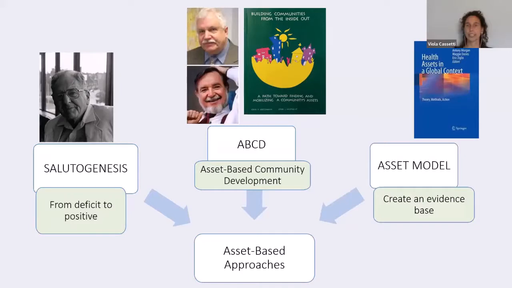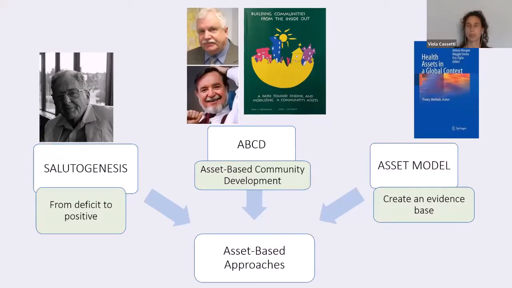And then finally, most recently, around 2007, Anthony Morgan and Erio Ziglio created the asset model, which basically said that if we can use salutogenesis, and if we can use the strategies that ABCD recommends, so mapping the assets and working with the positive things in community, and we can evaluate these interventions, then we can create an evidence base for asset-based approaches, which is what was lacking.